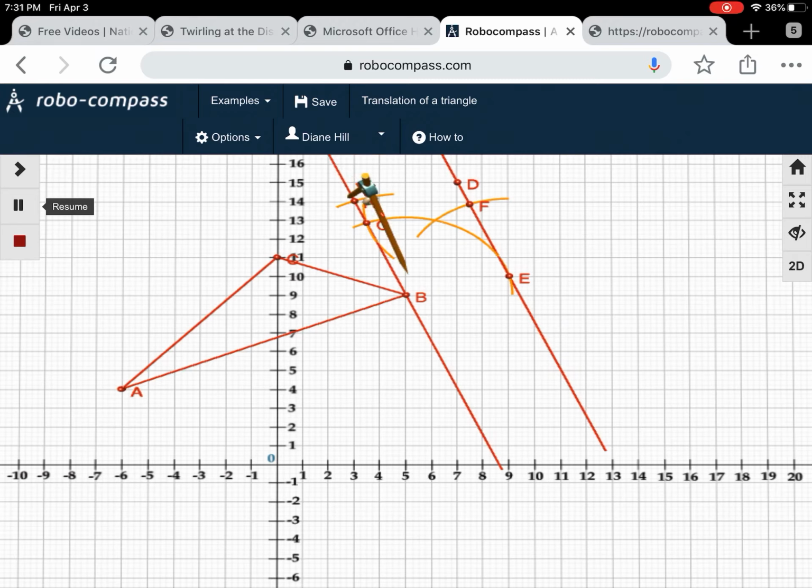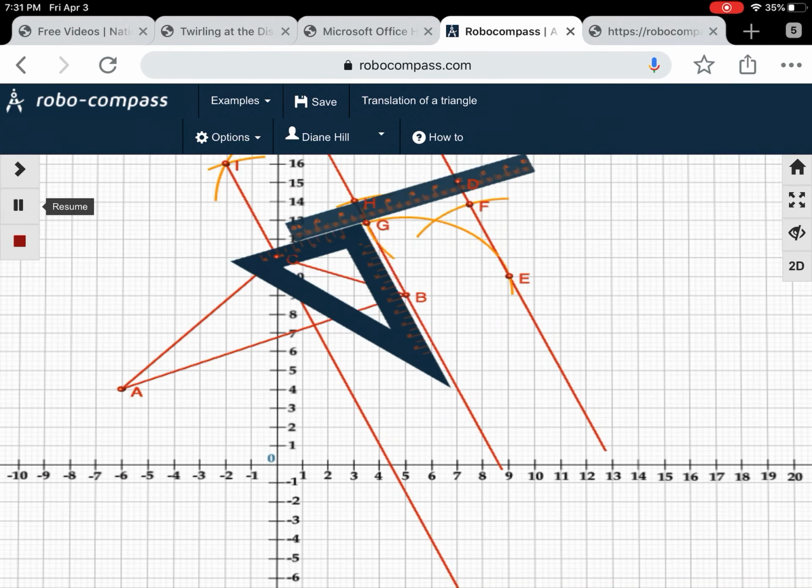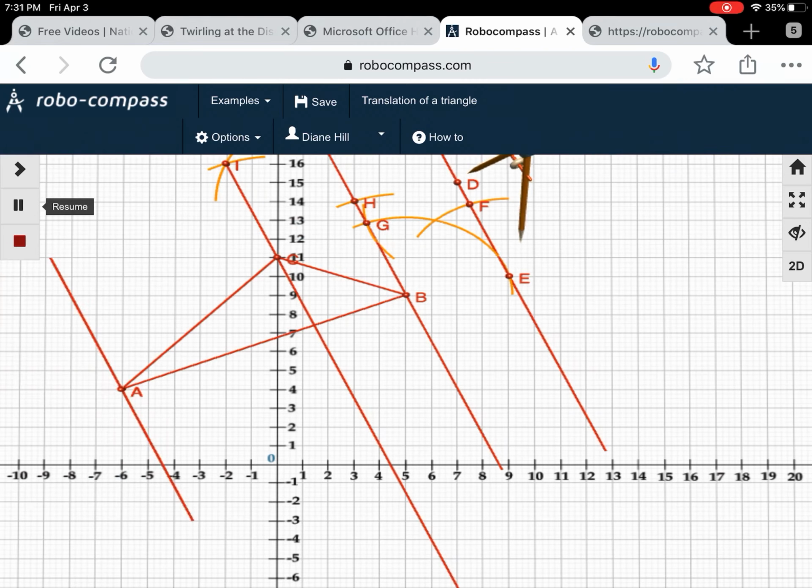Okay, so now I'm drawing a parallel line through C. I drew a parallel line through B. Now we're going to draw a parallel line through C. It takes a while to watch it do it, so I just had it draw its own parallel line, which it did.